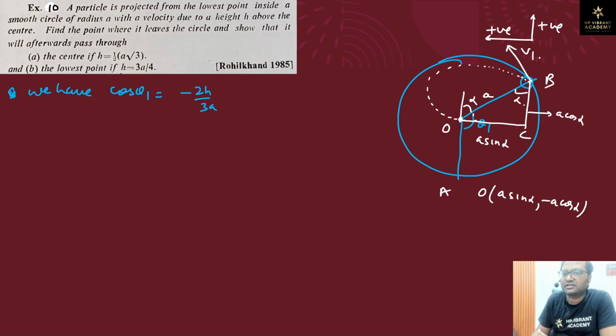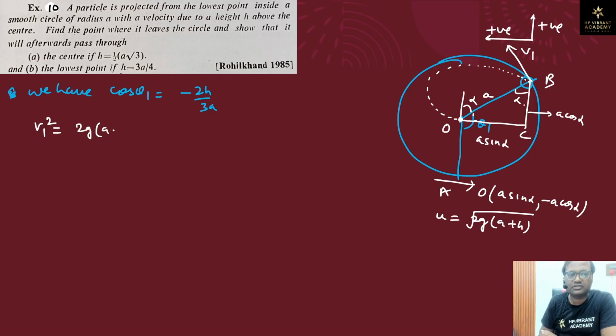Let us consider the velocity as V1 at point B, and the initial velocity is U equal to root under 2g(A plus h). So we have V1 square is equal to initial velocity square, 2g(A plus h), minus 2ag into (1 minus cos theta 1).